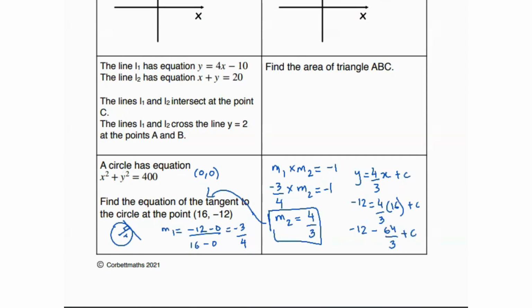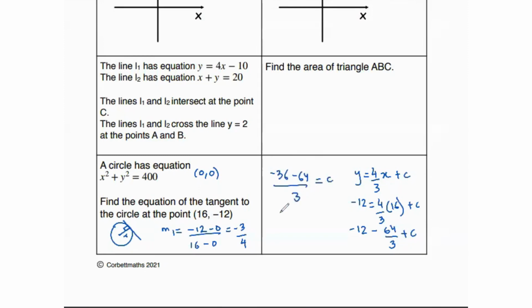Moving this over, c equals negative 36 minus 64 over 3, which is negative 100 over 3. So our equation is y equals 4 over 3 x minus 100 over 3. That's the equation of the tangent.